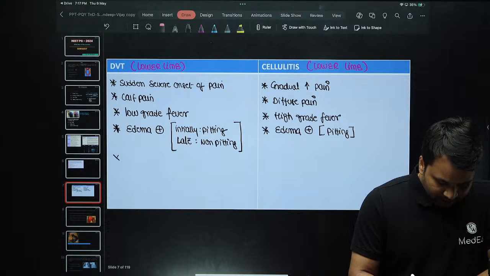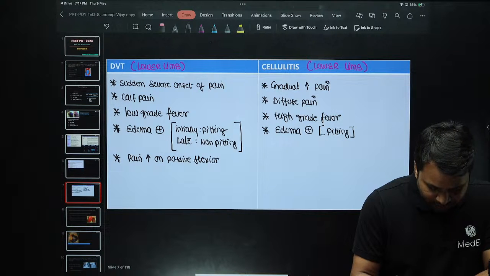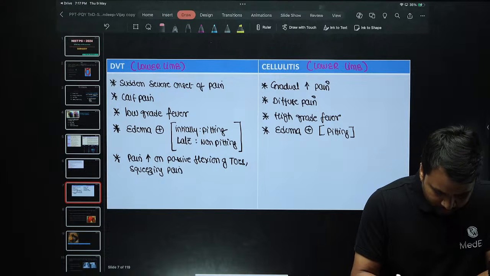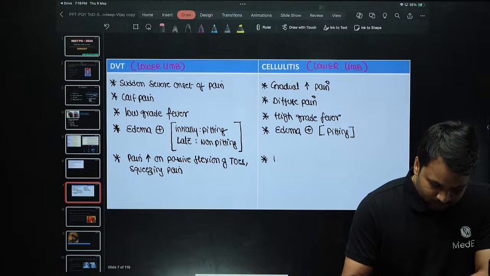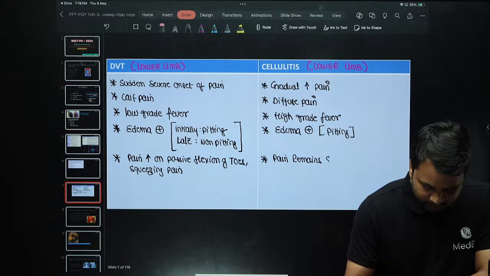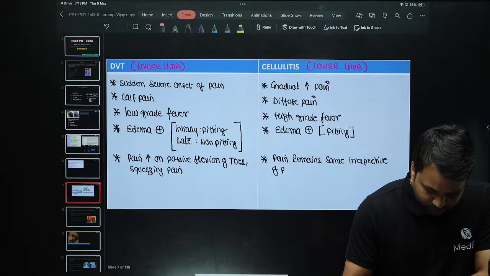Now, DVT on the other hand, the pain increases on passive flexion of toes or squeezing the calf. In cellulitis, the pain remains the same irrespective of position.